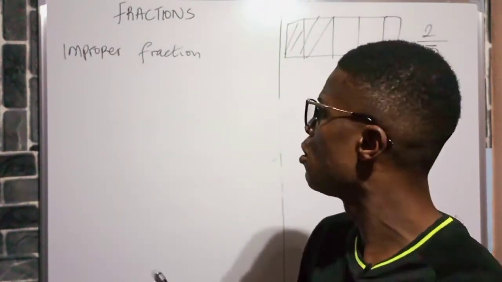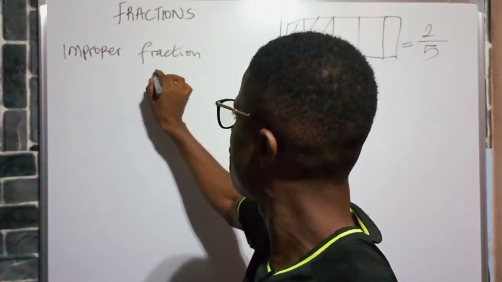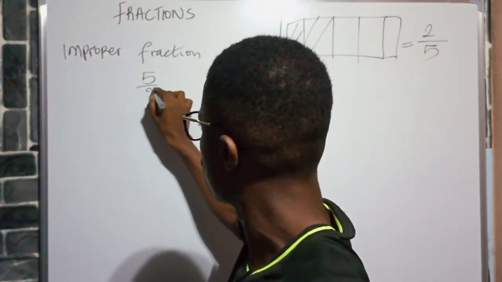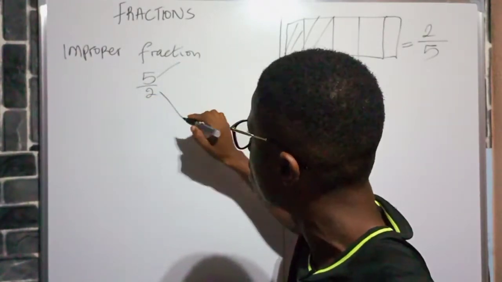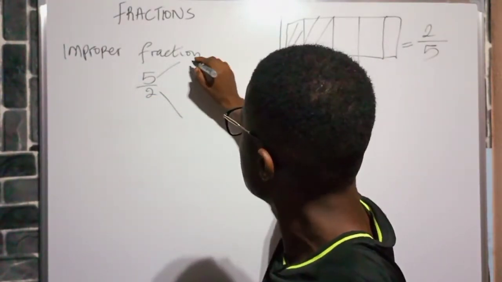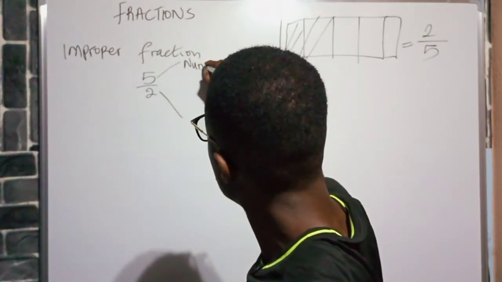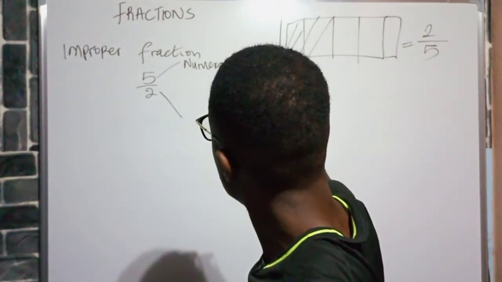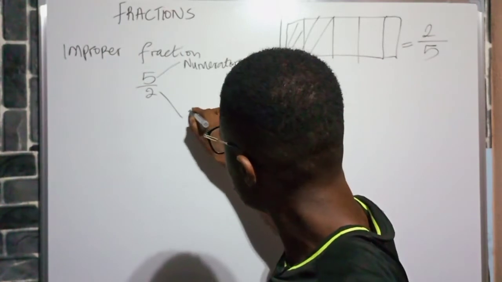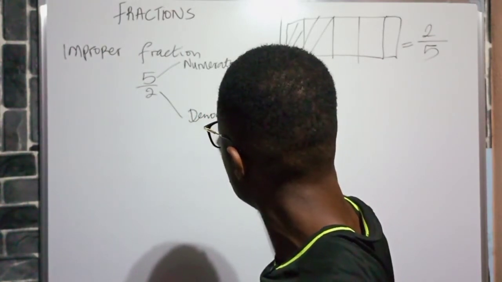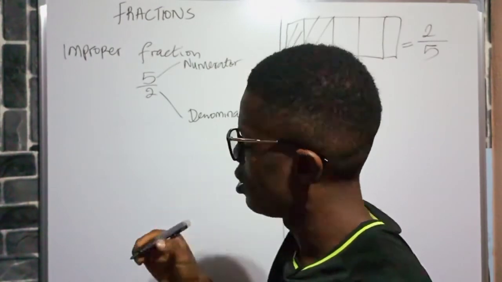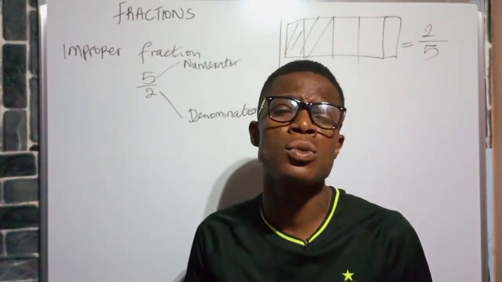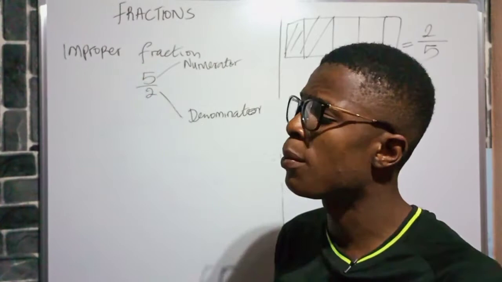The denominator. For example, I can say 5 over 2. As you can see, this is the numerator and this is the denominator. At this point, you can see that the numerator is greater than the denominator, and this forms what we call an improper fraction.